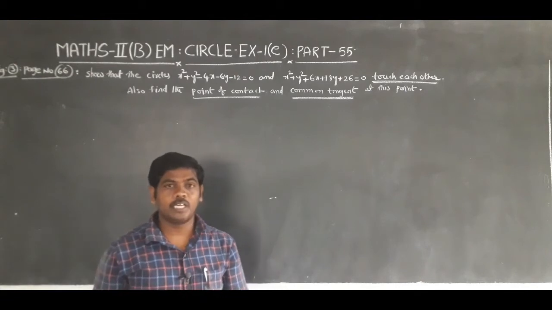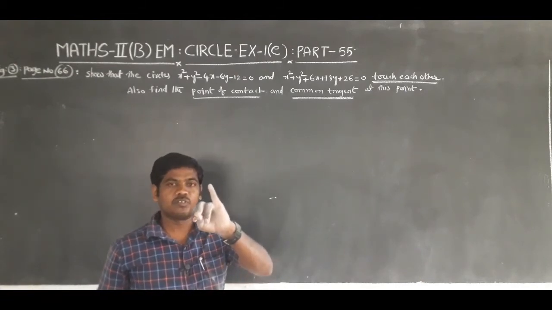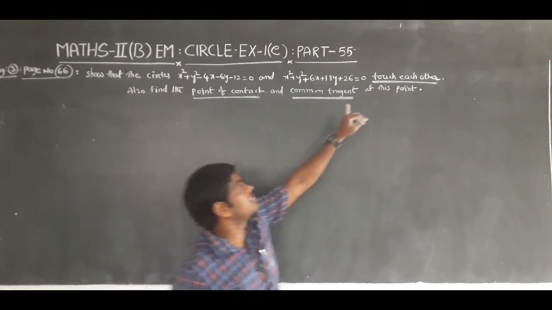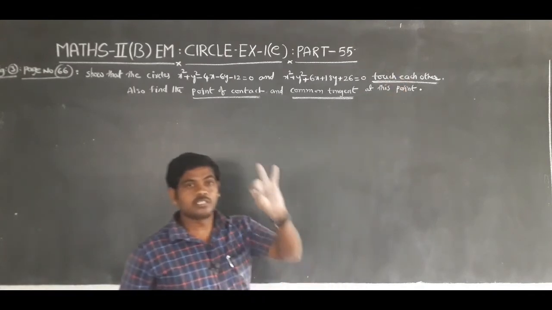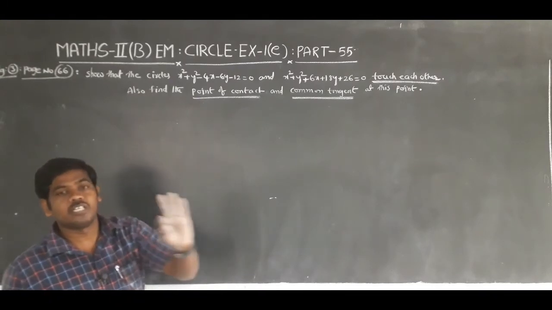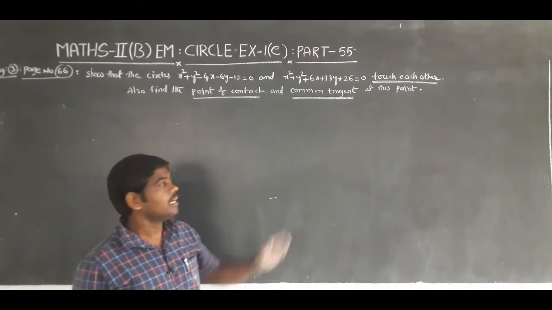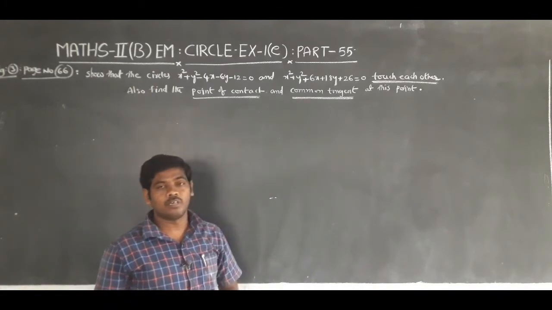So the three parts are: first, show that the circles touch each other; second, the point of contact; third, the equation of the common tangent at this point of contact.